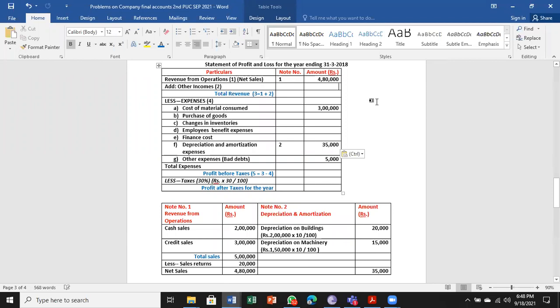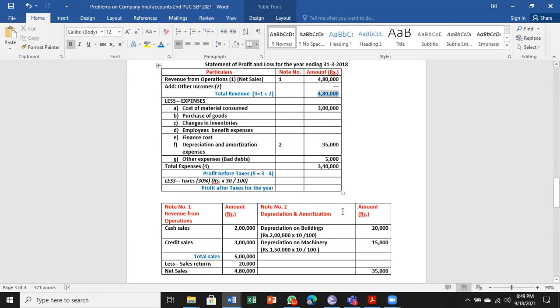As usual, we'll go for totaling after all the entries. No other incomes in this problem, 4,80,000. Then we have 3 expenses: 3,00,000, 35,000 and 5,000. So the total expenses will be 3,40,000.